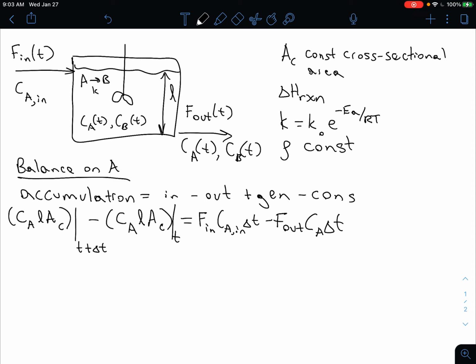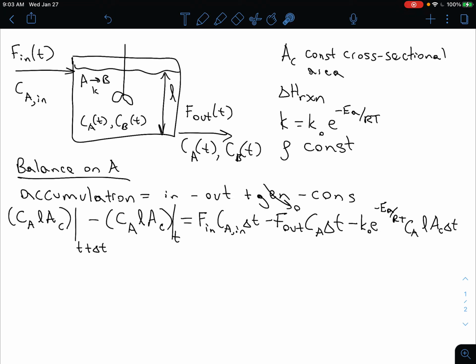And so we could have generation, but notice that this is an irreversible reaction. So the chemical reaction does not generate, but it does consume A. So let's write out k0 e to the minus EA over RT, the rate constant k, times CA L A_C delta t.